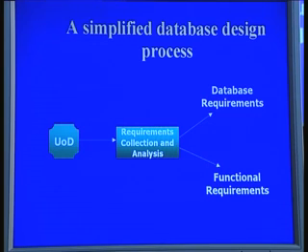That is going to give us two kinds of requirements. The first is what is called database requirements, or you might also term it data requirements, and the second is what is called functional requirements.